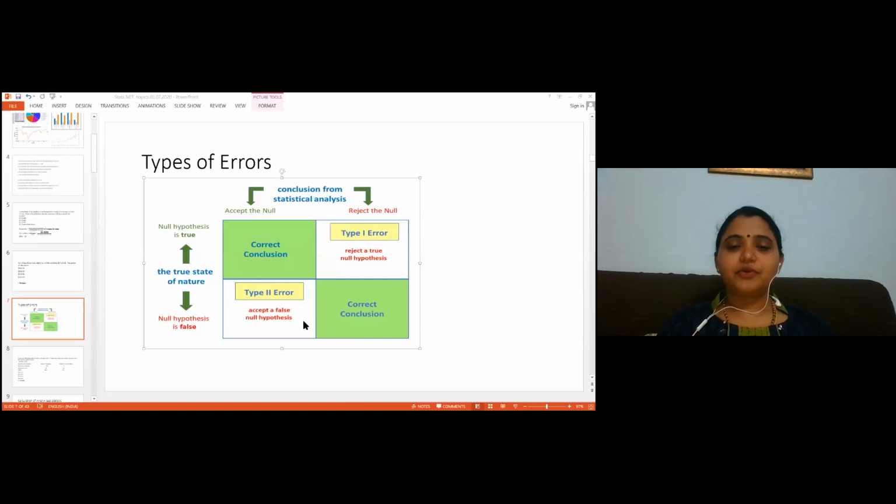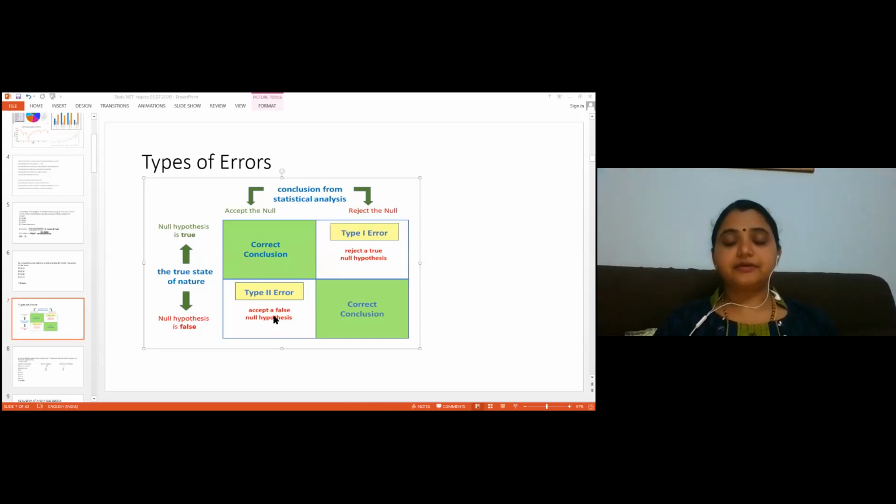When we talk about the power of a test, it goes with type 2 error. Beta is called type 2 error.